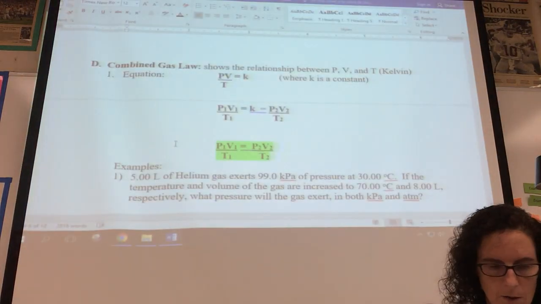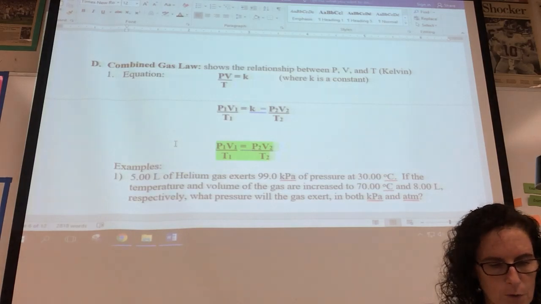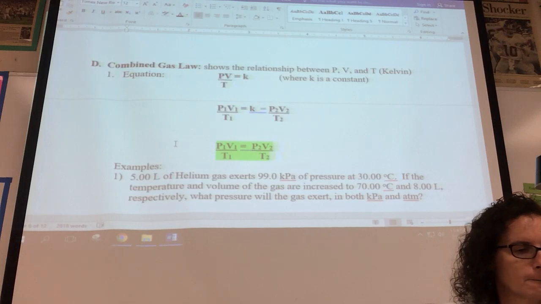So we are going to derive what's known as a combined gas law.